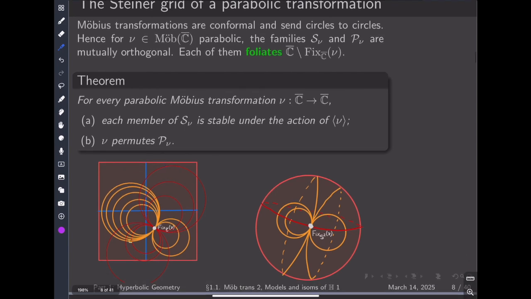So somehow the idea is that for one of the two families you are seeing, each curve is stable under the action of nu. If you pick a point there, then its image is also there, then the image of the image is also there, etc. Moreover, since it comes from taking a translation and conjugating it, if you think about a translation, it's translating along beta.